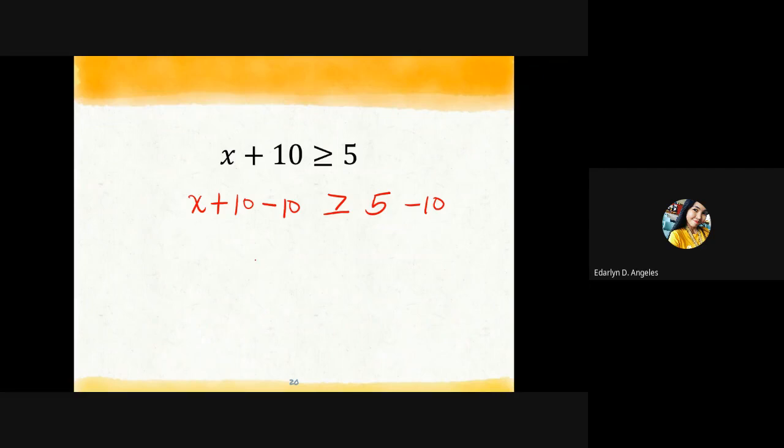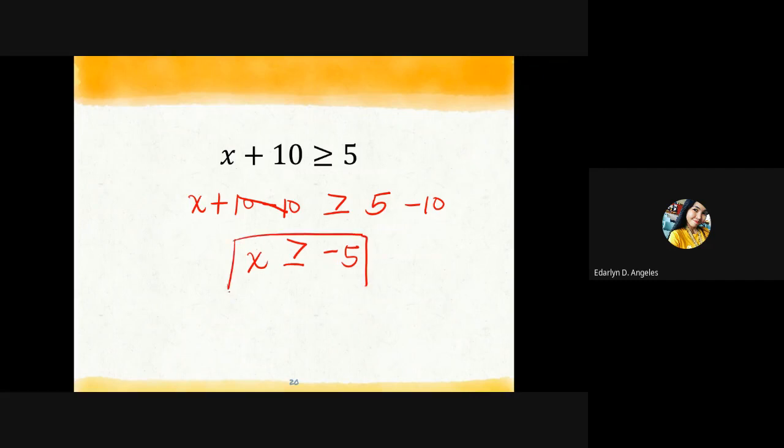So here we will only have x is greater than or equal to negative 5, since 5 minus 10 is negative 5. Therefore, our x here is greater than or equal to negative 5.